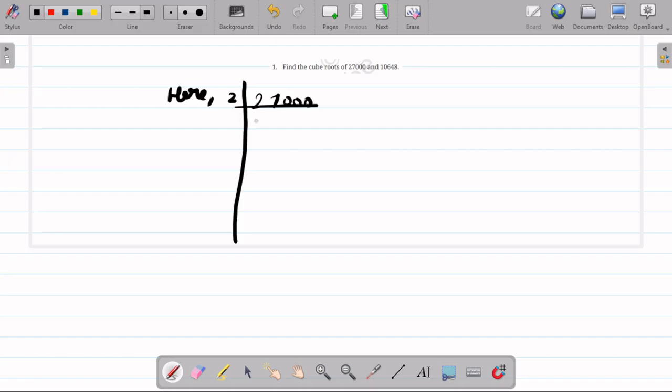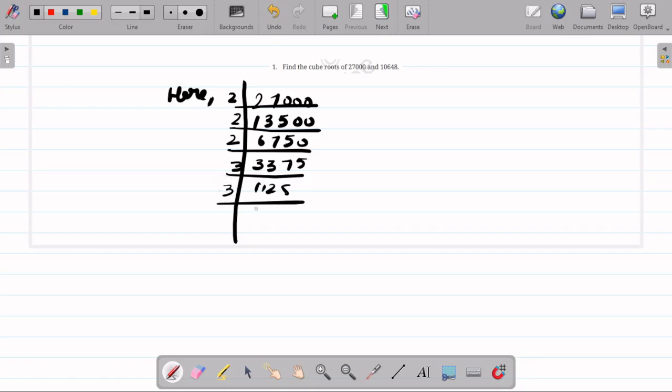Dividing by 2 we get 13500, and dividing by 2 again we get 6750, and by 2 again 3375, then 1125, again divide by 3, 375, again by 3 is 125, then 5, 25, 5.